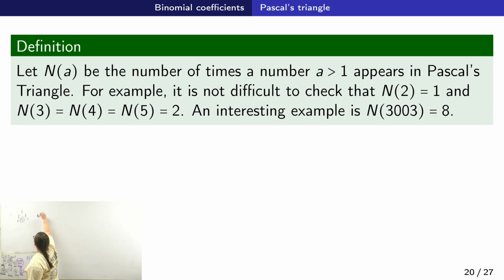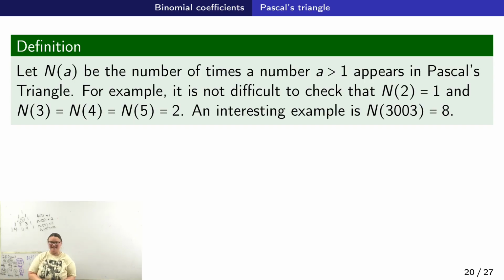N of 2 is 1. And the next row is 1, 3, 3, 1. So how many times do we see 3? Twice. So N of 3 is exactly 2. And then the next one is 1, 4, 6, 4, 1. So we see 4 twice also. To catch you up, it's the amount of times that this number shows up in the triangle. And then also N of 5, if we were to do the next one, is also equal to 2.